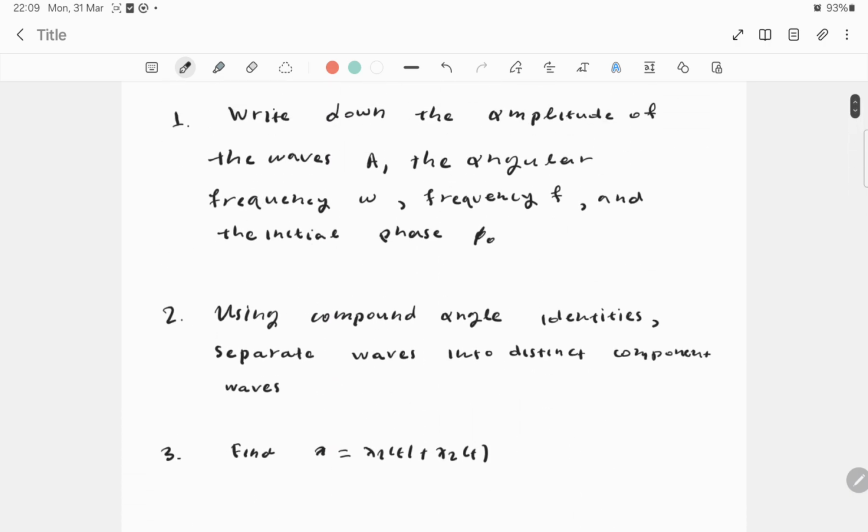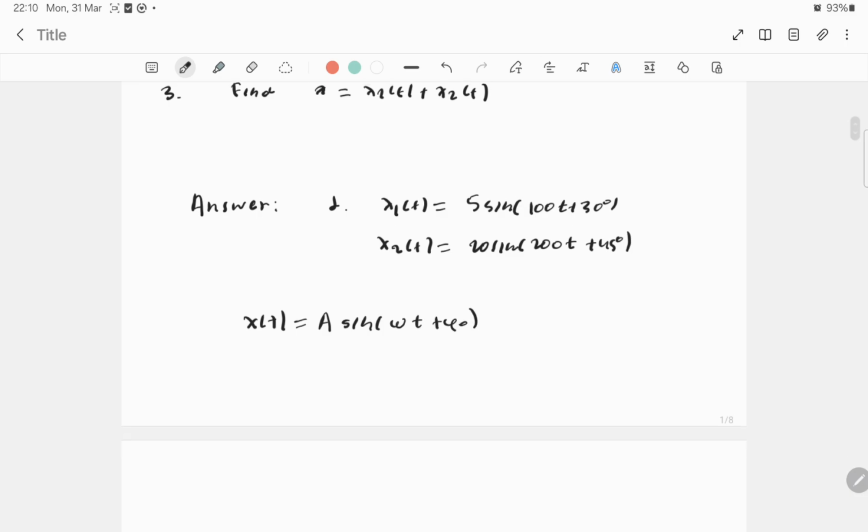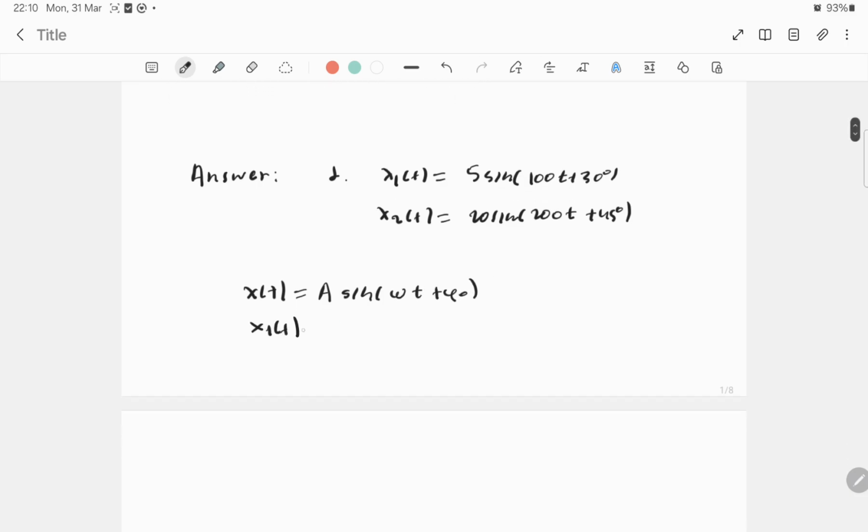In general form, x of t equals capital A sine(omega t + phi 0), and we have that x1 of t is 5 sine(100t + 30 degrees).